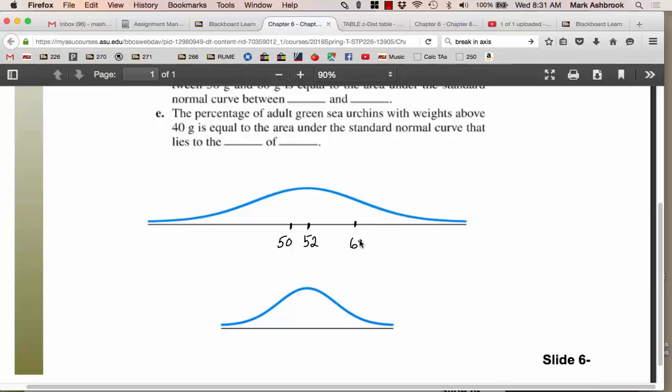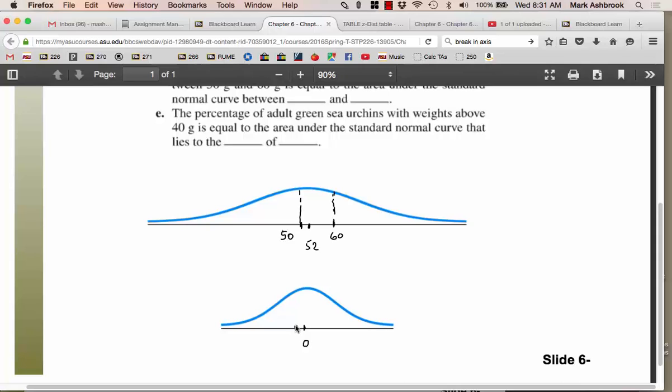Okay, so we would just do. Wait, okay, but so the z-score of 60 is, yeah, so this is 68.08% of the sea urchins. 0.6808 is your area for 60.